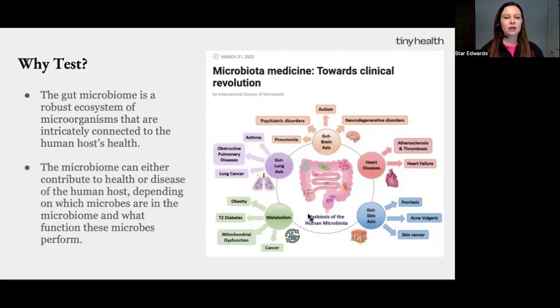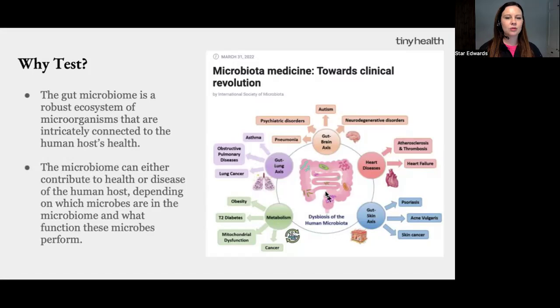This is an example of the gut organ axis. This is the way in which the gut communicates with other organs like the lung and the brain and the heart. And this is really a two-way street because these organs communicate with the gut as well. But for example, we have the gut brain axis, and the gut can actually communicate with the brain and contribute to either health or conditions like autism and psychiatric disorders.